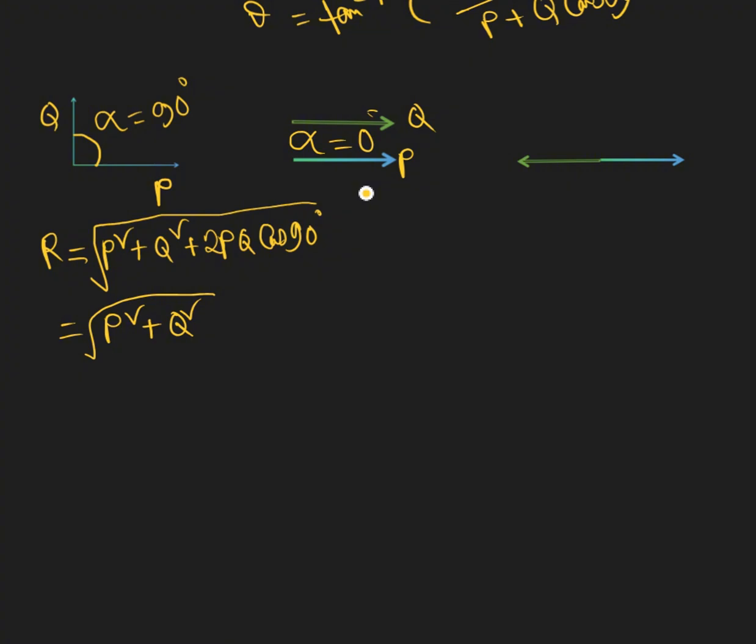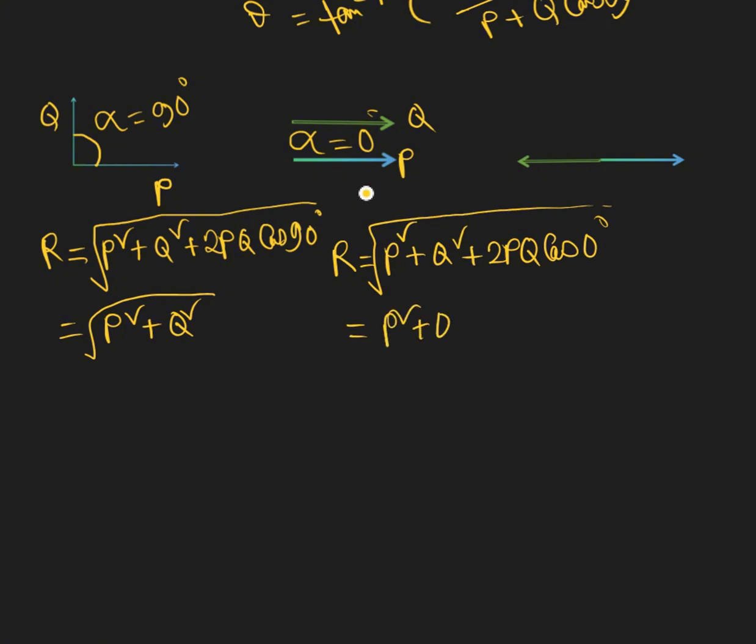Indeed, the resultant R is equal to the square root of P square plus Q square plus 2PQ cos 0 degrees, and cos 0 degrees is equal to 1.